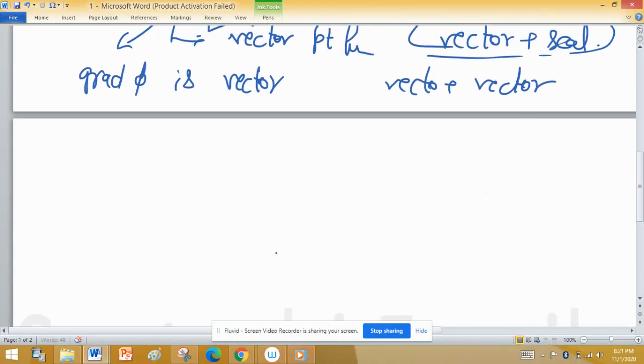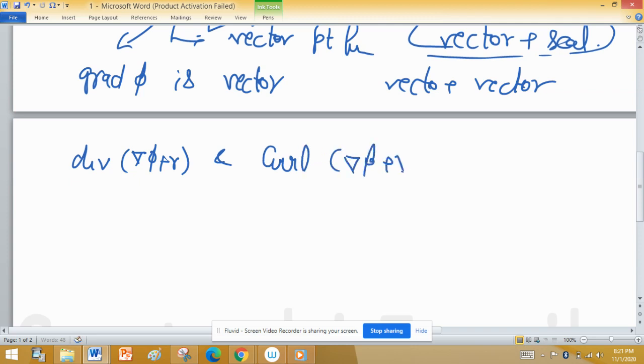So we have to check divergence of nabla phi plus r, and curl of nabla phi plus r. R is a vector position function. That is for divergence. Divergence means dot product with nabla.